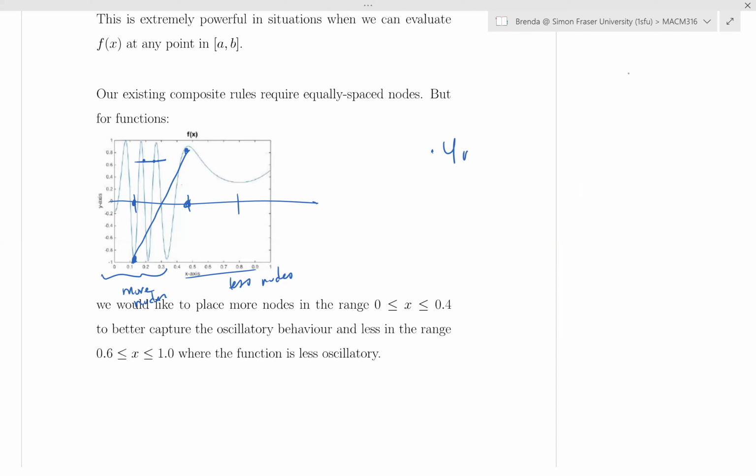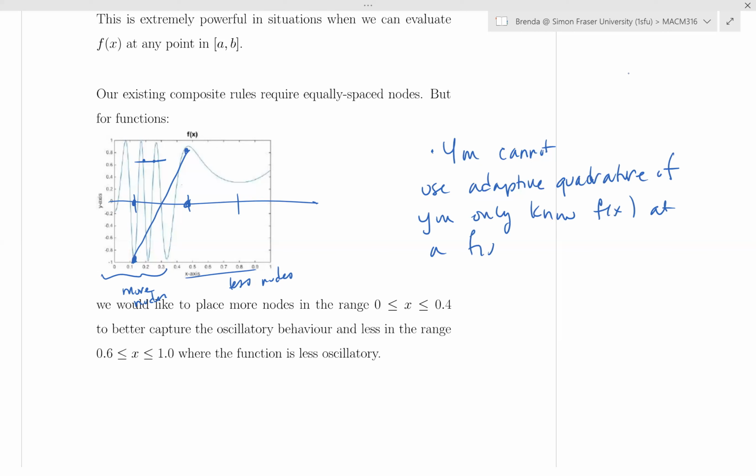You just note that down. If you only know the function at a fixed set of nodes, those are the ones you're using.